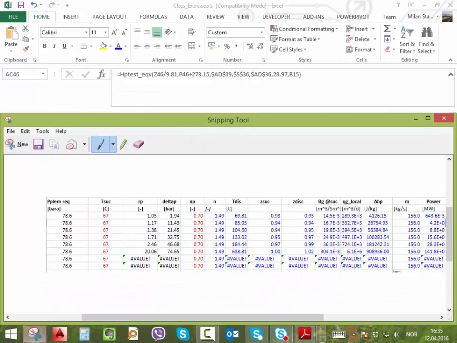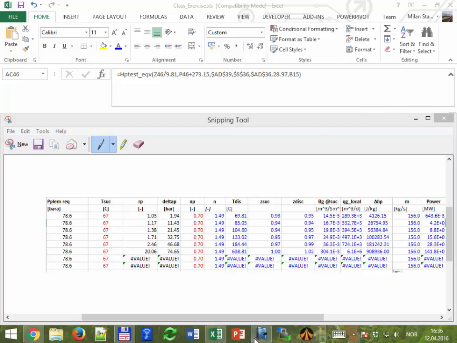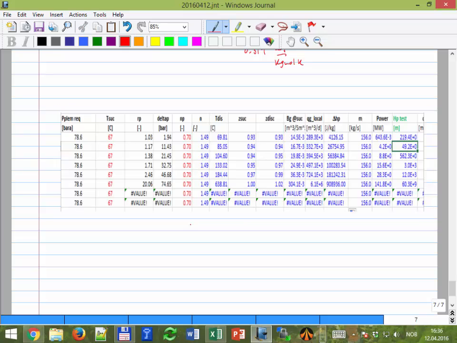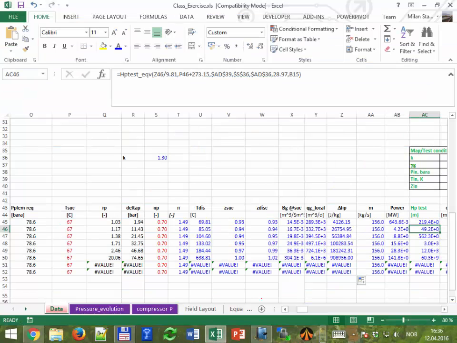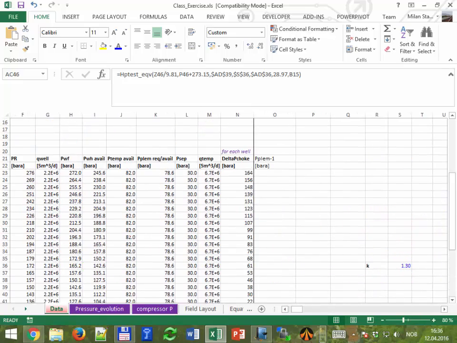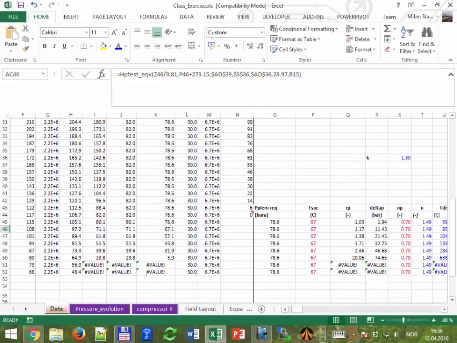Okay, we have some issues here, but let's just look at what we have so far. And on top of that, we need the suction pressure. That is actually this one here. This is the suction pressure, right?